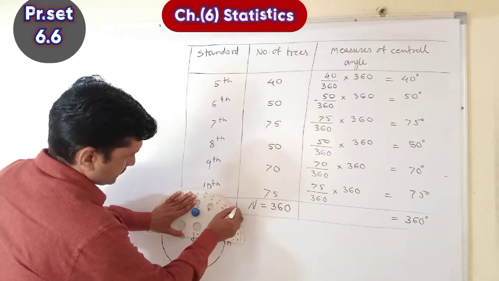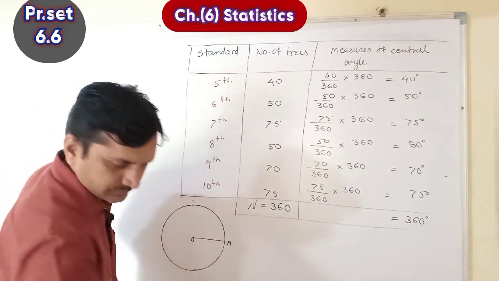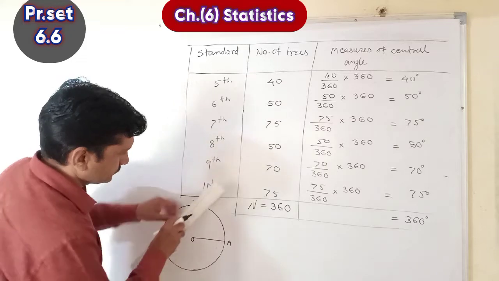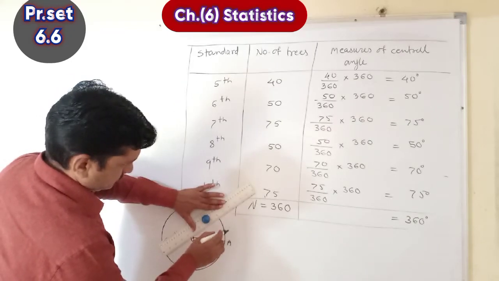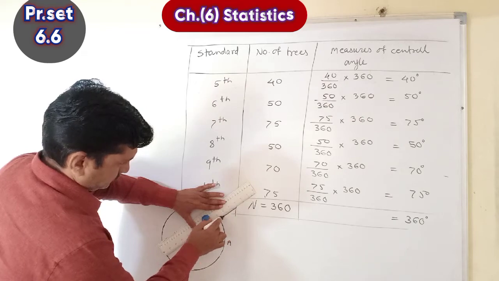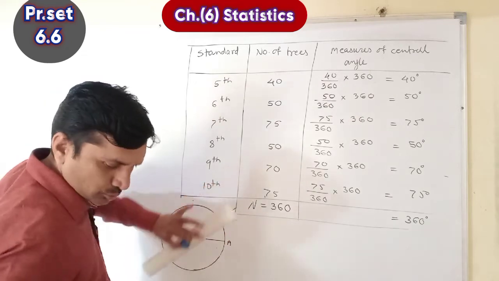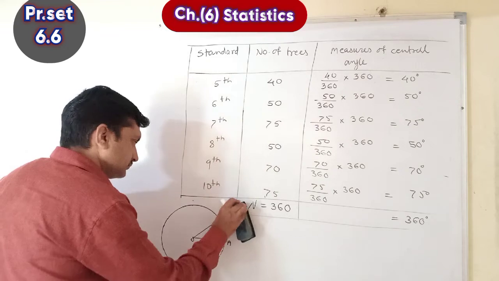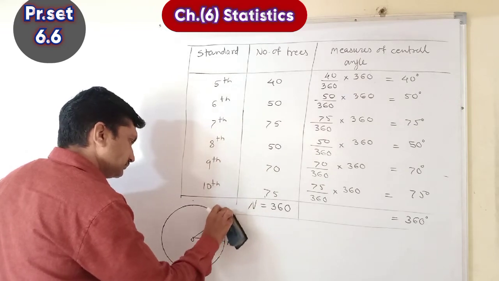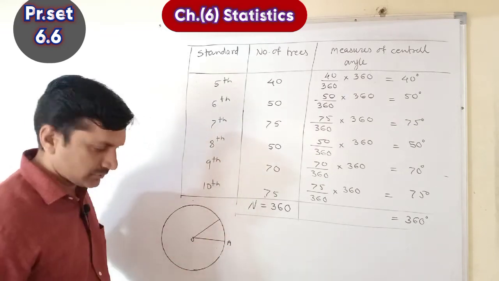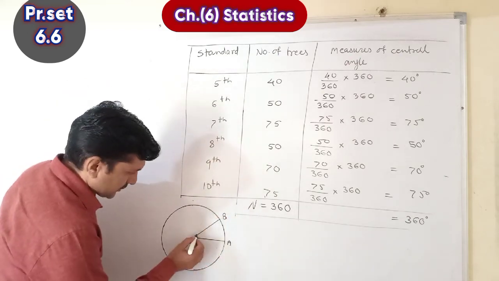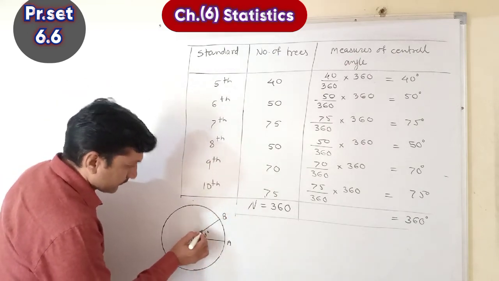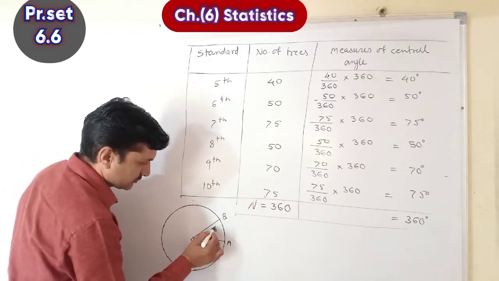Degree is here. But don't go out of the circle. We want radius only. Here B, central angle is 40 degree and standard is 5th.